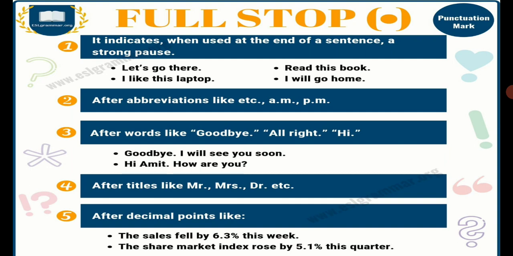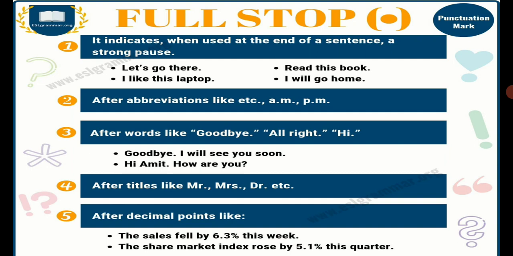But we always write Mr. in a short form, M as a capital letter and then r. So it is a short form of Mister, and at that time we use a full stop to indicate that it is a short form of Mister.